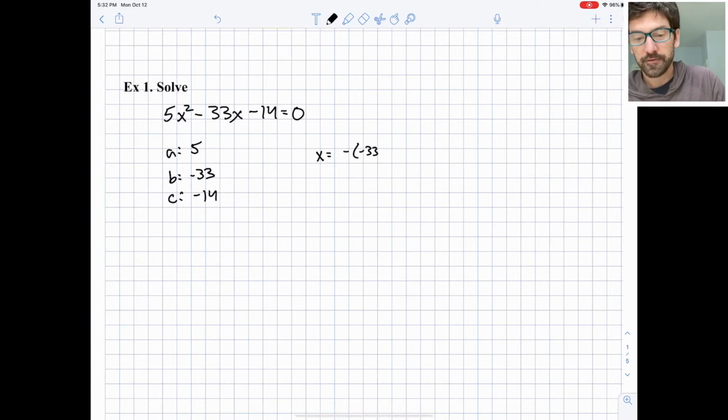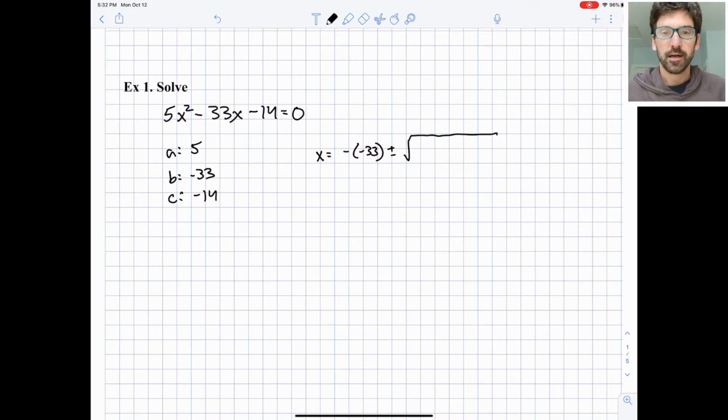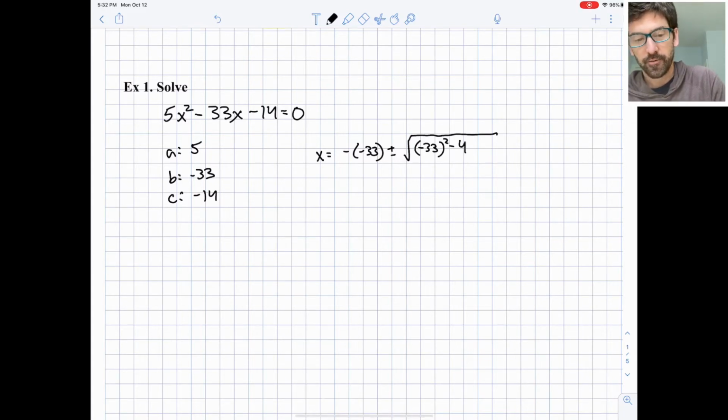For this first step, I'm not doing any simplifying; I could have simplified that to a positive 33, but I like to write everything out ahead of time and then simplify gradually. B squared, negative 33 squared, minus 4 times 5 times c, which is negative 14, all over 2 times 5.